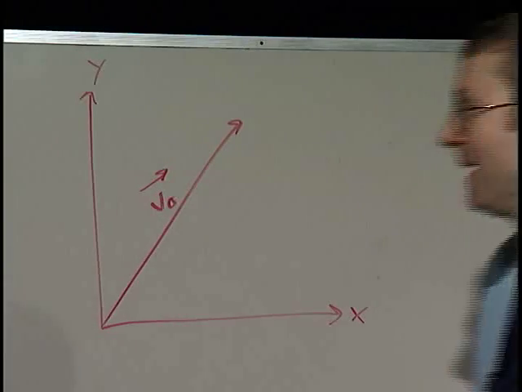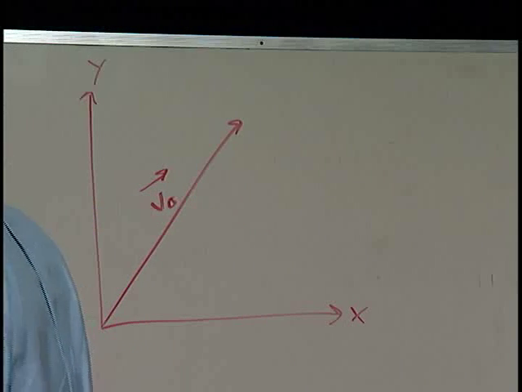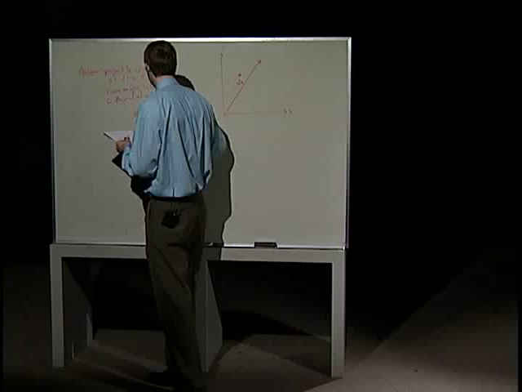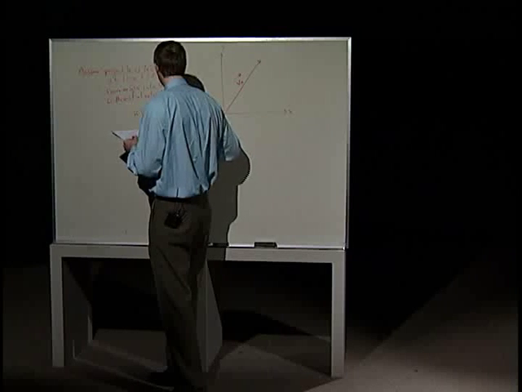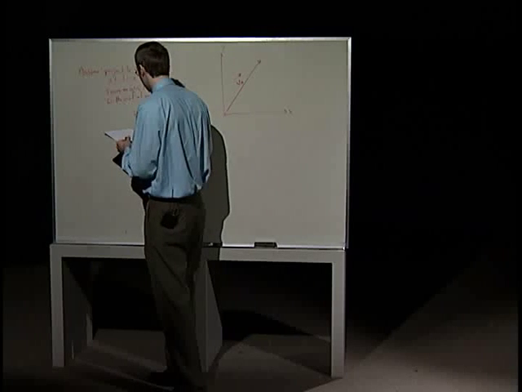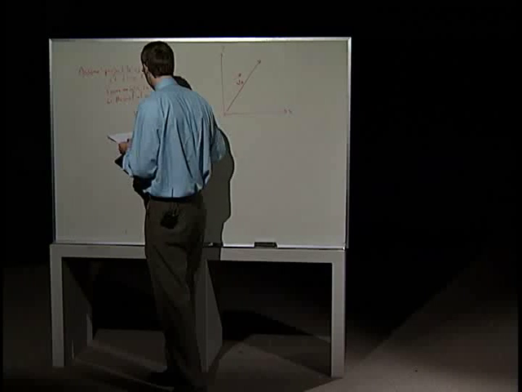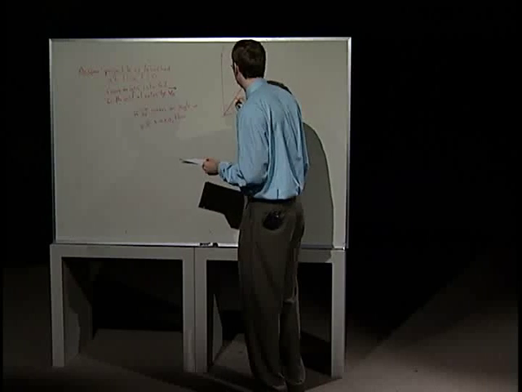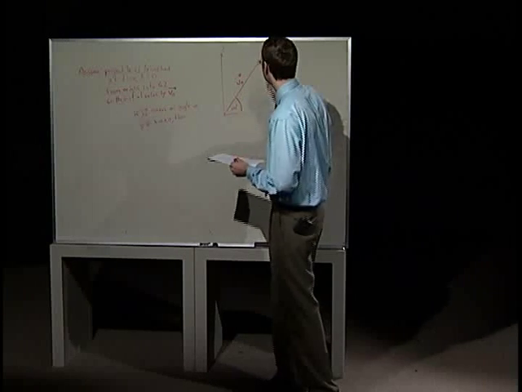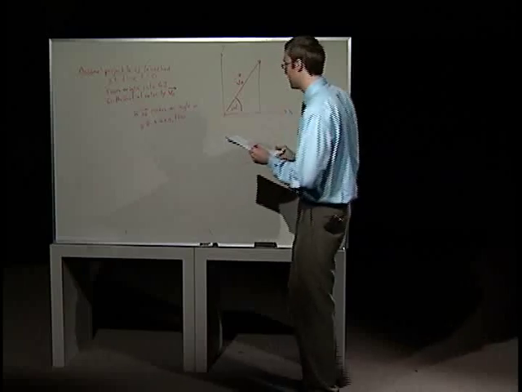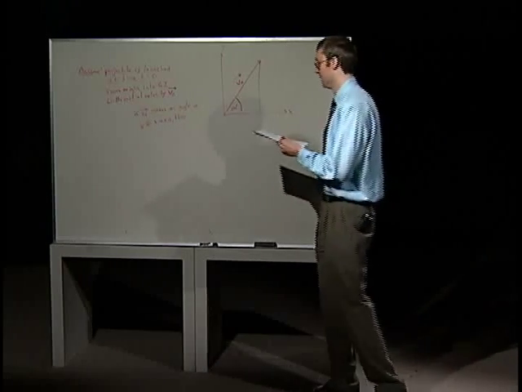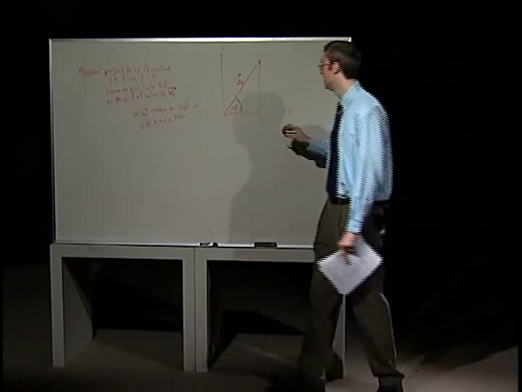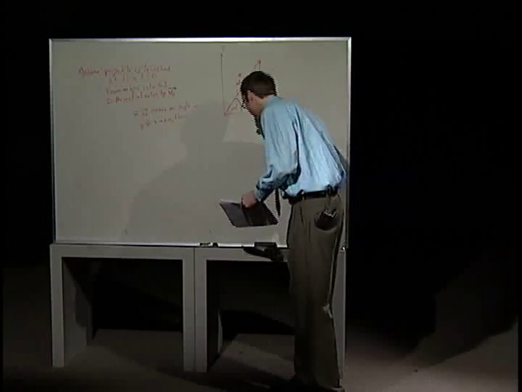And so v0 makes an angle with the x-axis. So if v0 makes an angle alpha with the x-axis, then the following are true. So there's alpha. Well, let's draw our right triangle and see what's going on here. What are the i and j components of v0 here?